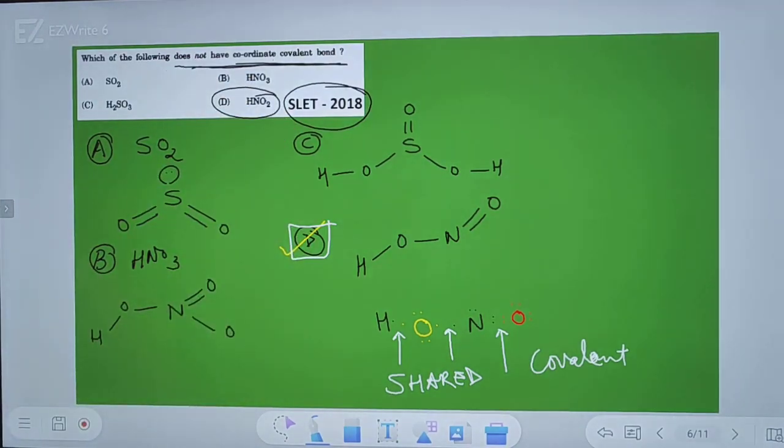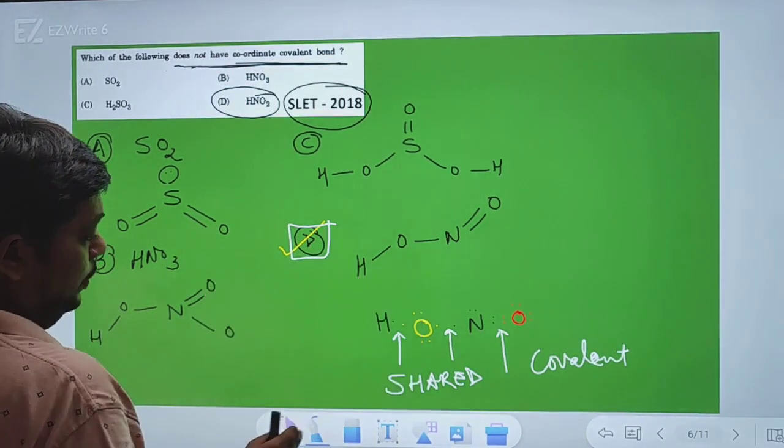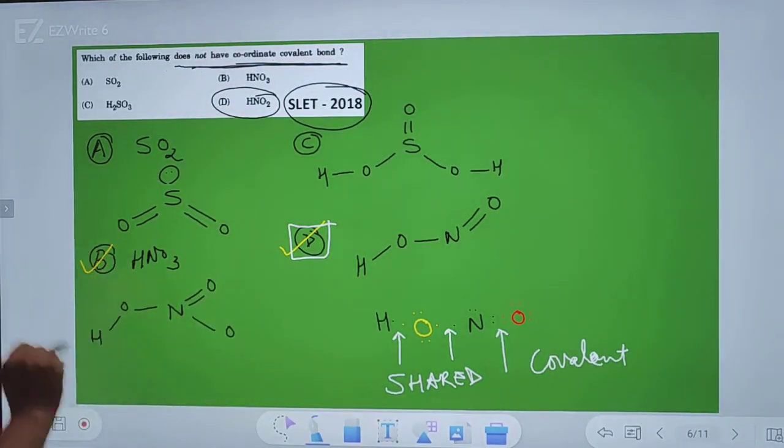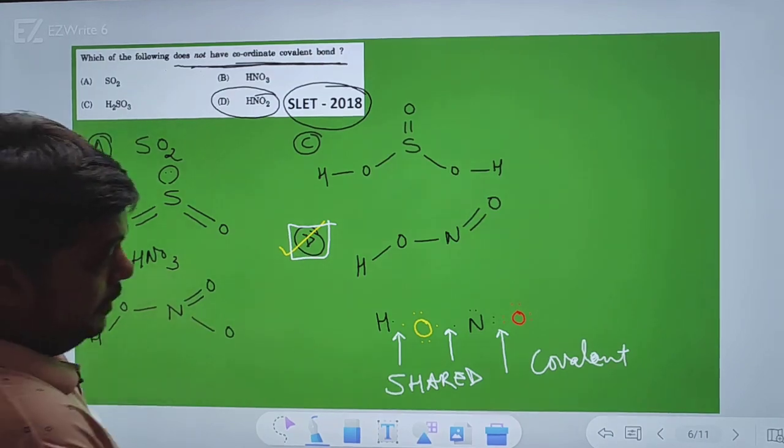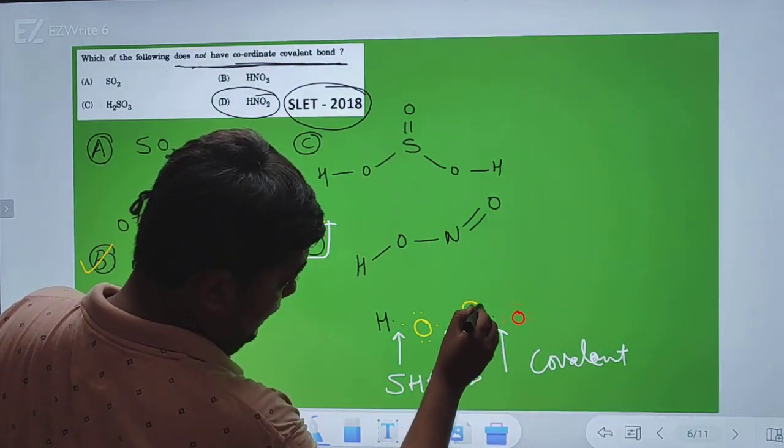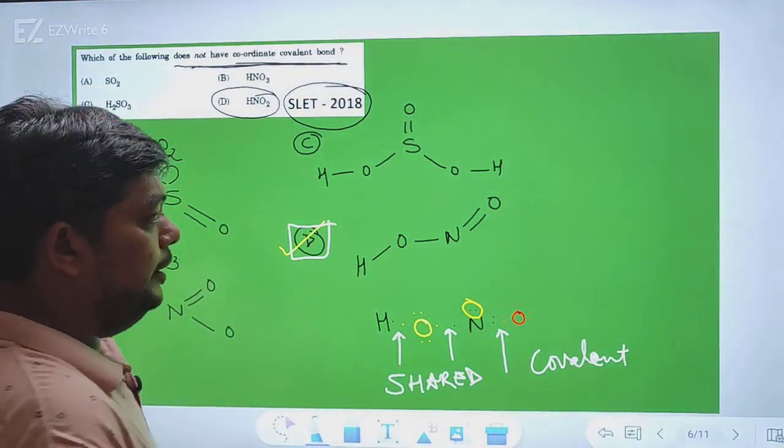But I need to make you understand the importance of coordinate covalent bond also, and therefore I'll insist you to go through HNO3. This particular lone pair present here, what will it do?